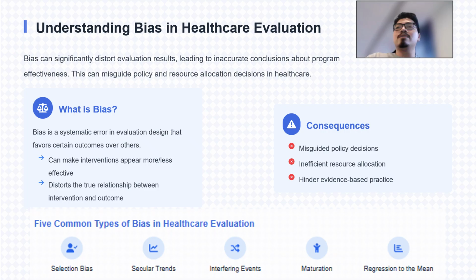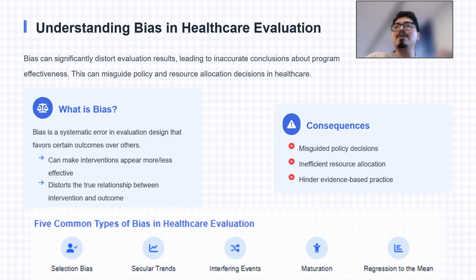Bias clouds the truth. In impact evaluation, we usually compare what did happen to what would have happened without the program. The second part, what would have happened, is what we call the counterfactual. The problem is that we can't actually see the counterfactual. We can't rewind time and see what would have happened if the program didn't exist.